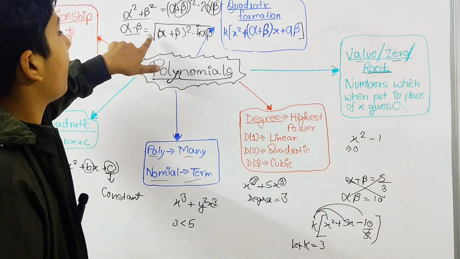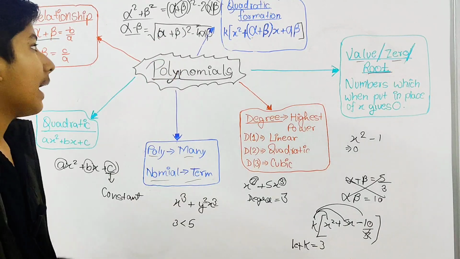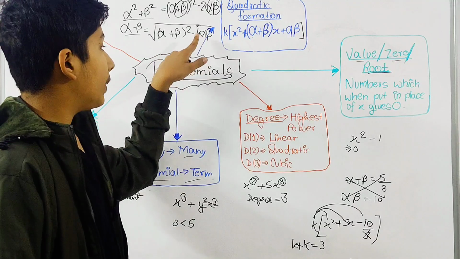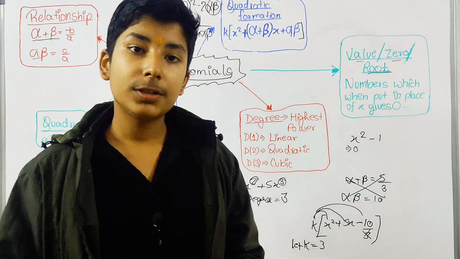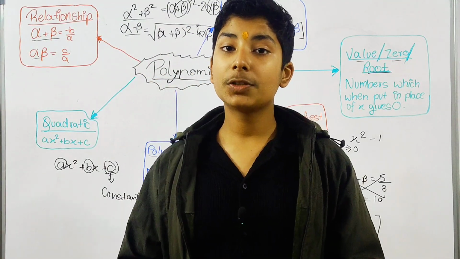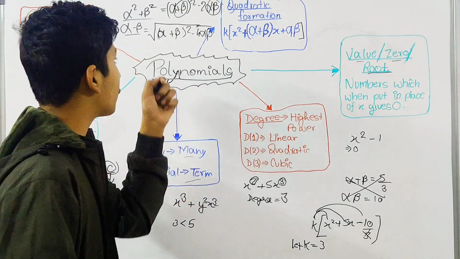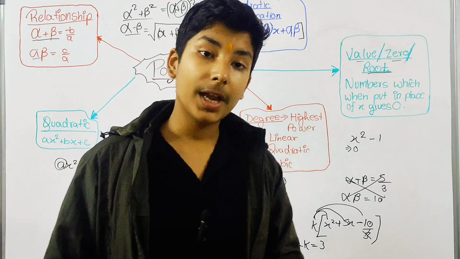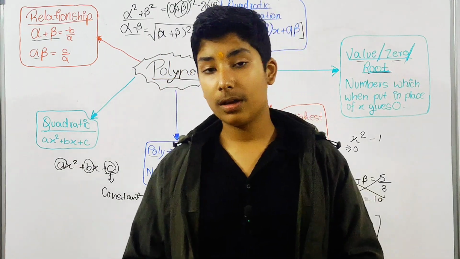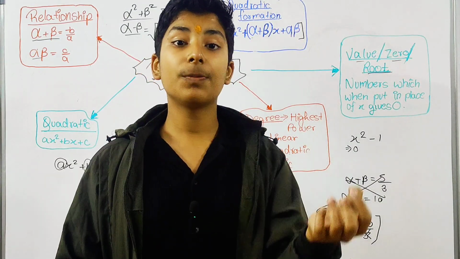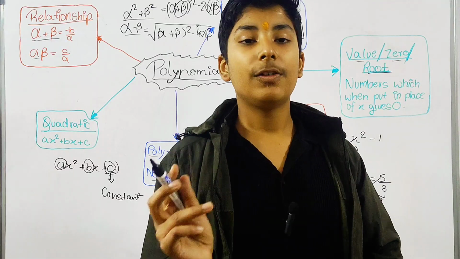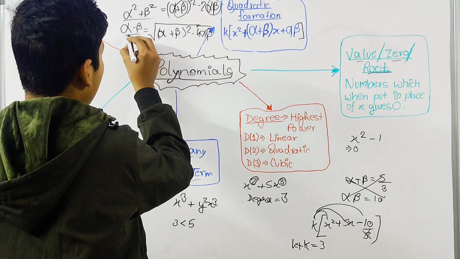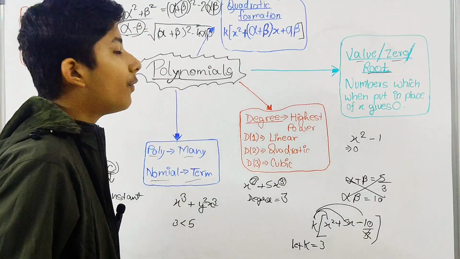How? See, alpha plus beta whole square is alpha square plus beta square plus 2 alpha beta and minus 4 alpha beta. So minus 4 plus 2 is minus 2. So it would be alpha square plus beta square minus 2 alpha beta, which is the identity of a minus b whole square. So it would be alpha minus beta whole square, and square and root will get cancelled. So only alpha minus beta will remain.